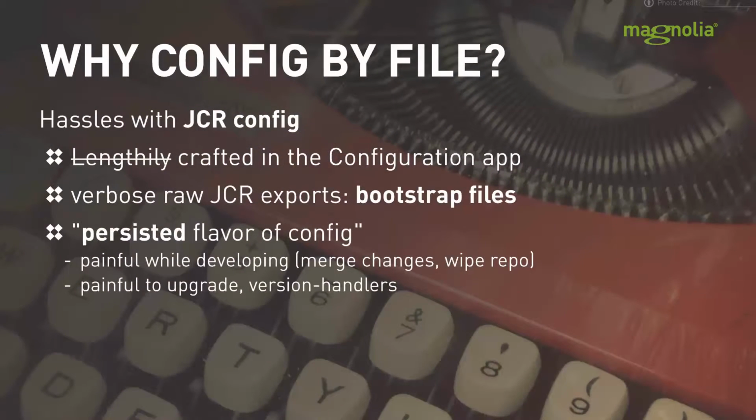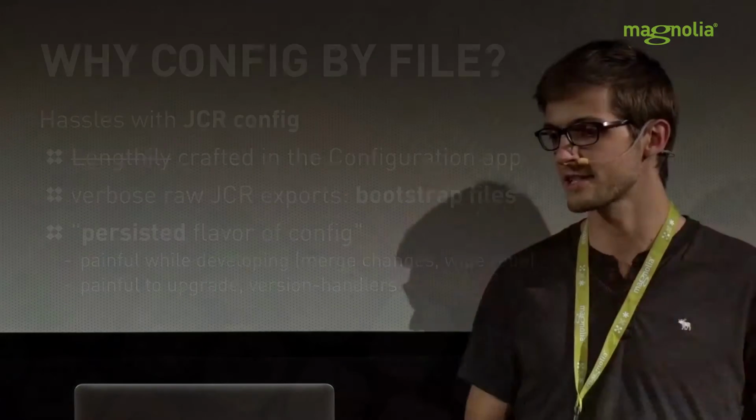But first, why configuration by file? Mostly because of the hassles with JCR, to be honest. The JCR config is usually quite lengthily crafted in the configuration app, involves many clicks around. Then what you end up getting is some verbose raw JCR exports that we affectionately call bootstrap files.